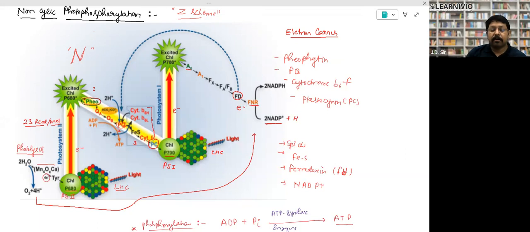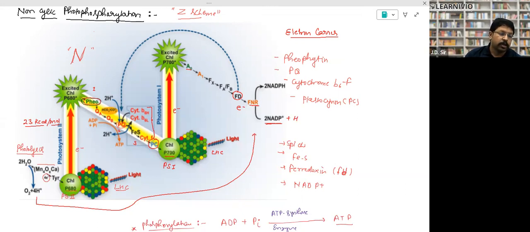So look, the reaction starts from P680, right? What will happen here? The oxygen evolving complex is present. The water molecule will break down. Due to breakage of this water molecule, oxygen will be released. One oxygen molecule and 4 hydrogen ions. Remember, these 4 hydrogens have gone over there. I will tell you where.